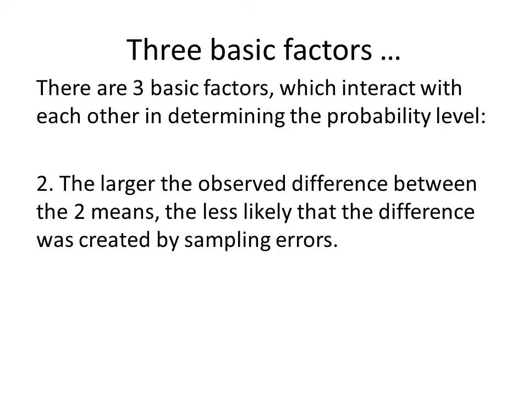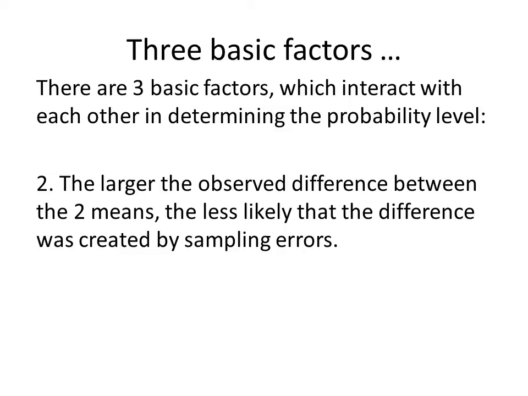The second basic factor is the larger the observed difference between the two means, the less likely the difference was created by sampling errors. And remember, we talk about random sampling tends to create many small differences.